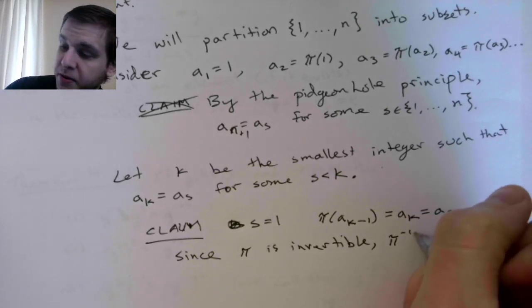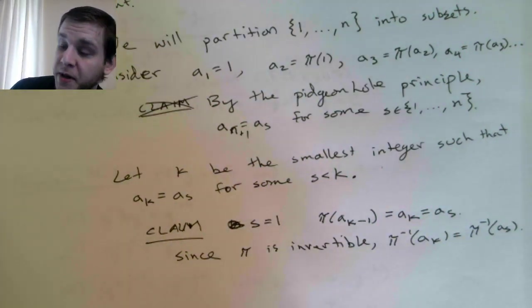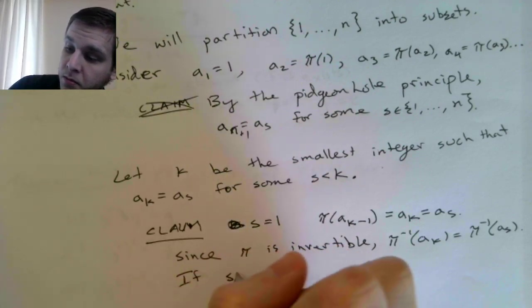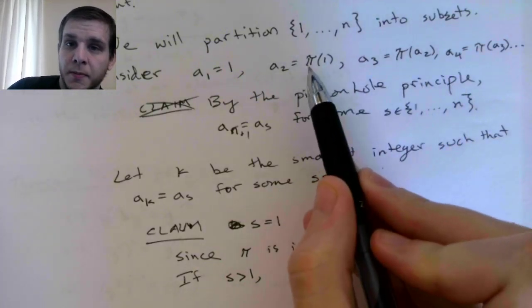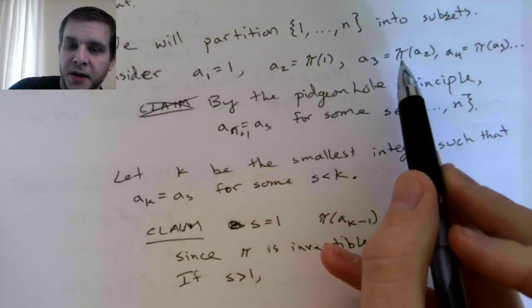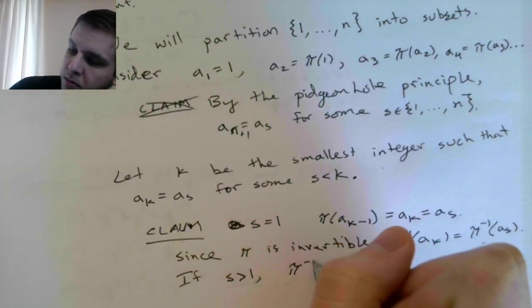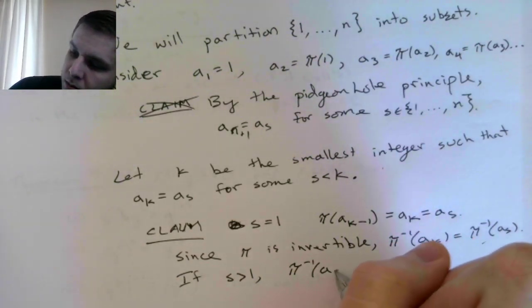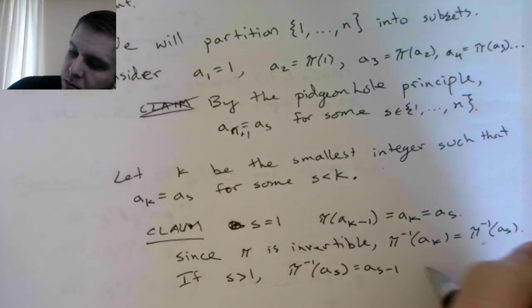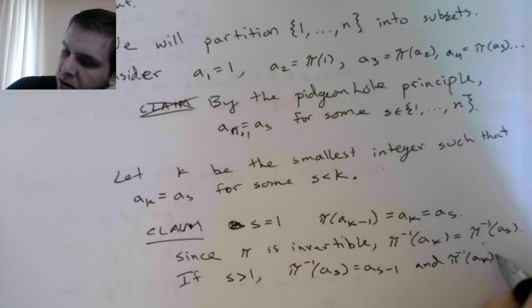I can apply pi inverse to both sides. Now, if s were bigger than 1, I already know what pi inverse of a_s is just by this. Pi inverse of a_2 is 1, pi inverse of a_3 is a_2, pi inverse of a_4 is a_3, and pi inverse of a_k is a_{k-1}.